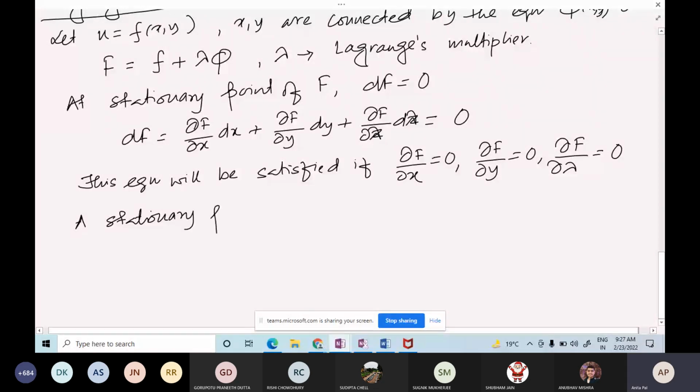Now see, a stationary point will be an extreme point of small f if d2 capital F or d2 small f keeps the same sign.